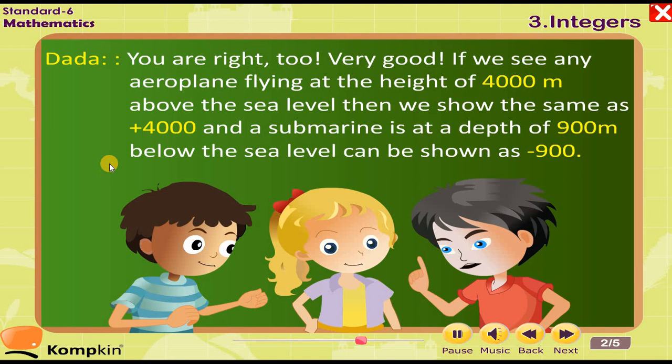Very good. If we see an aeroplane flying at the height of 4,000 meters above the sea level, then we show it as plus 4,000. And a submarine at a depth of 900 meters below the sea level can be shown as minus 900.